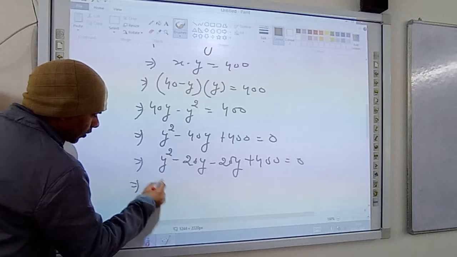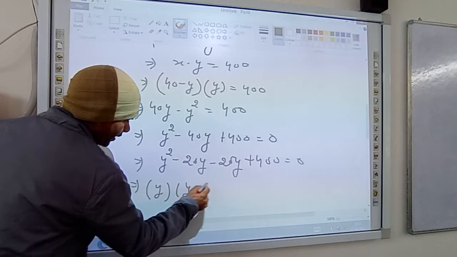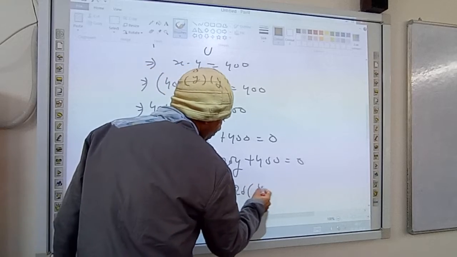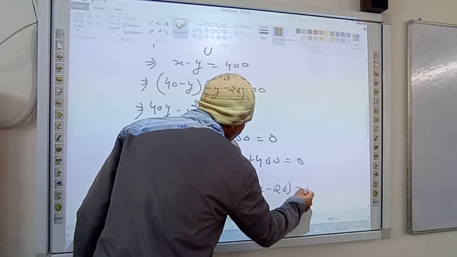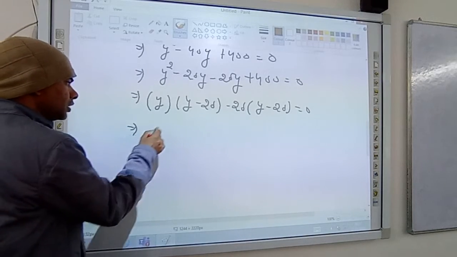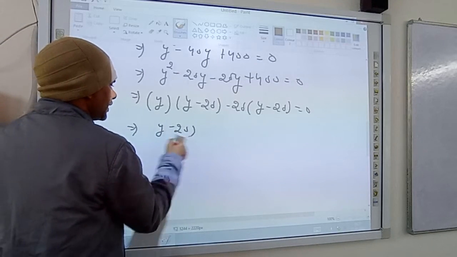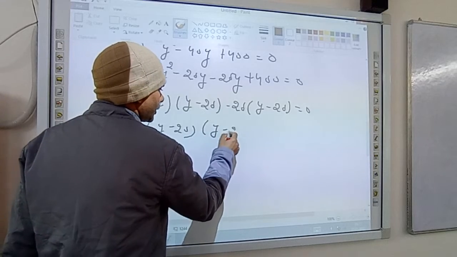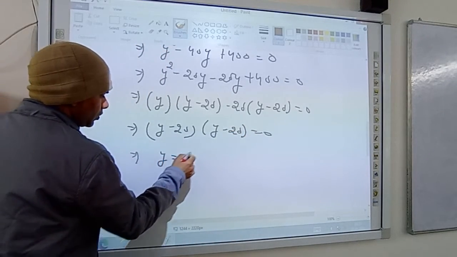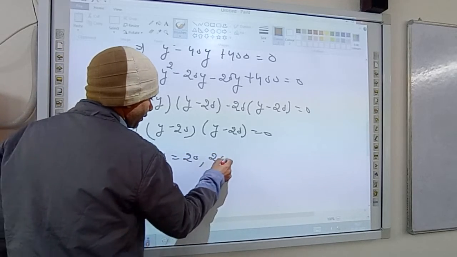Now y as a common factor, y minus 20 as a common factor, so (y minus 20) squared equal to 0. It becomes y is equal to 20 and 20.